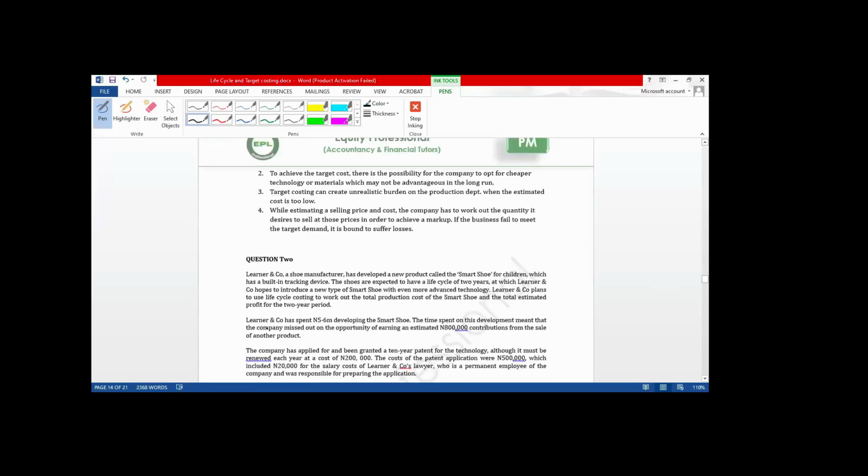Look at this. Learners and Co. have spent 5.6 million developing the shoe. That is before production. We have incurred development costs. Also look at this. The time spent on development meant that the company missed out on the opportunity of earning an estimated 800,000 contribution. That is opportunity cost.